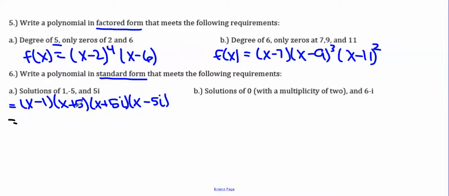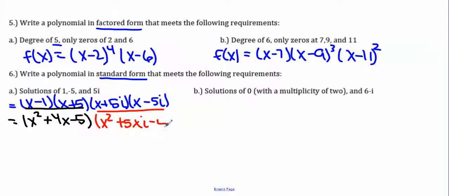So I'm going to multiply my first two together right here. When I multiply that together, I have x squared plus 4x minus 5. And then when I multiply my second pair together, I have x squared plus 5xi minus 5xi minus 25i squared.